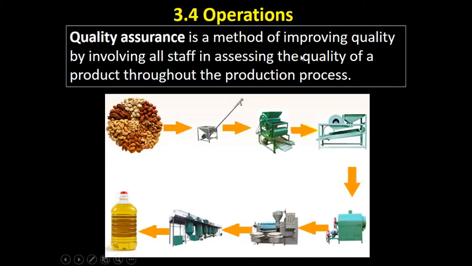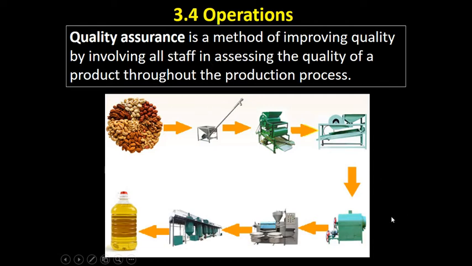So quality assurance is a method of improving quality by involving all staff in assessing the quality of a product throughout the production process. To use the same example I used in the previous video, in the quality control method we had the inspector who's responsible for quality throughout the production process. They might check the raw materials as they come in, check that the nuts in producing this groundnut oil are up to standard.